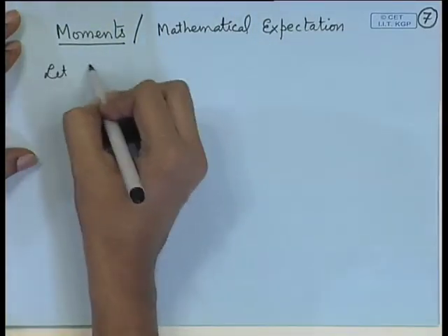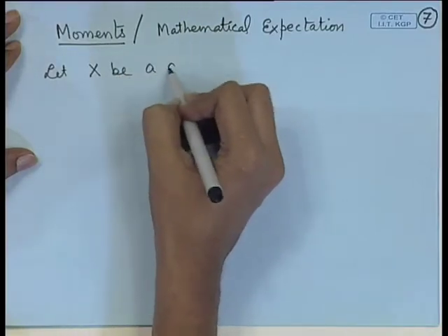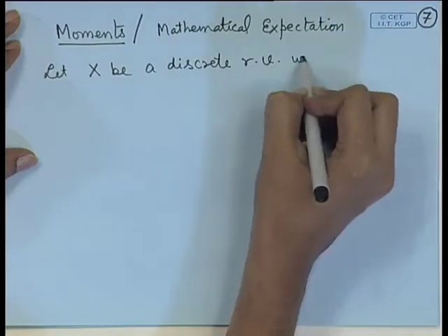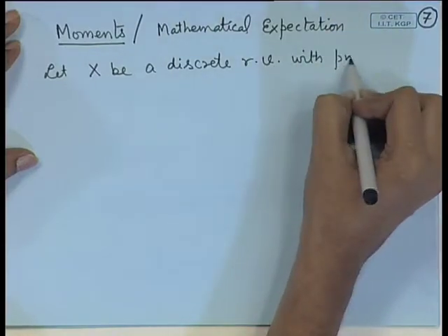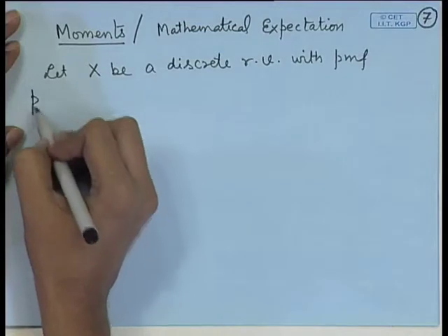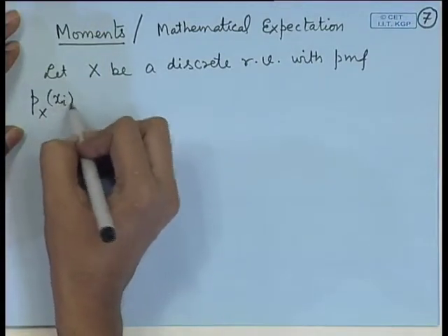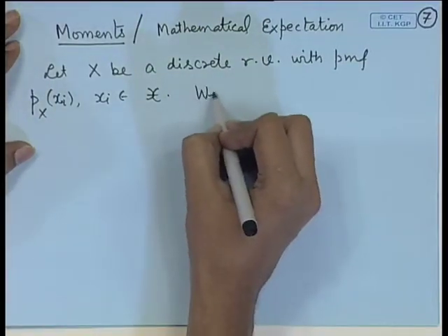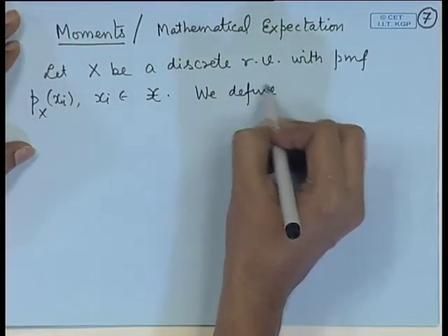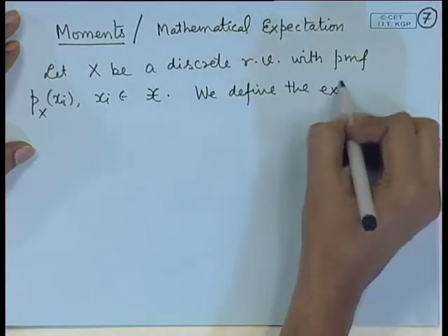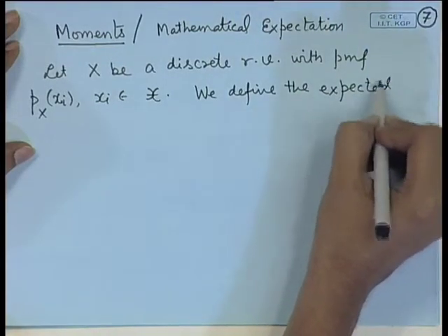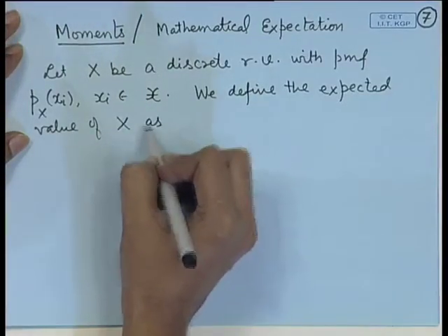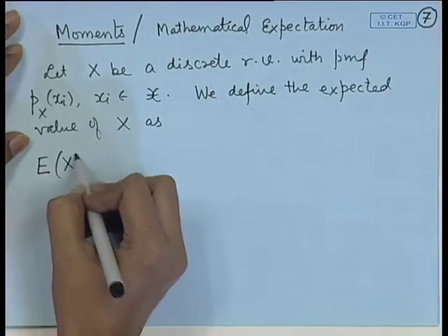Let x be a discrete random variable with probability mass function, say p_x(x_i), for x_i belonging to some set X. So, we define the expected value of x as E(x).